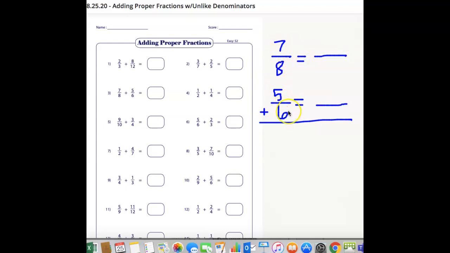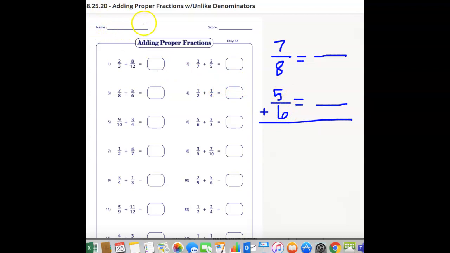We have to say to ourselves, can we add these two fractions the way they are? And we know that we can't, because when you add fractions, the denominators must be the same. And if they aren't the same, you have to make them the same. And we do that with multiples.